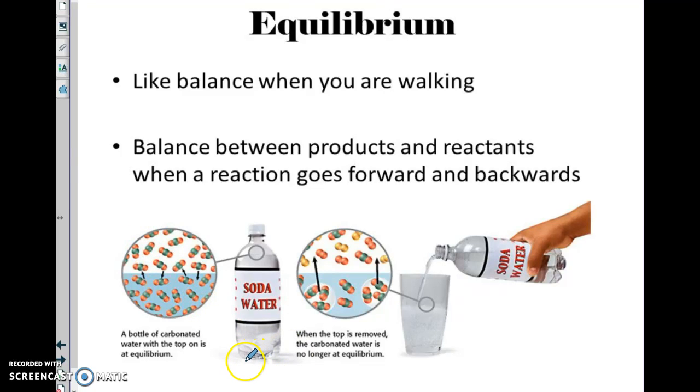So going back to our soda example, a bottle of carbonated water with the top on is at equilibrium, so the amount of carbon dioxide molecules that are turning into a gas and turning into dissolved remain constant. When you remove the top, it's no longer at equilibrium, and there's a higher rate of the dissolved carbon dioxide turning into carbon dioxide in its gas form.